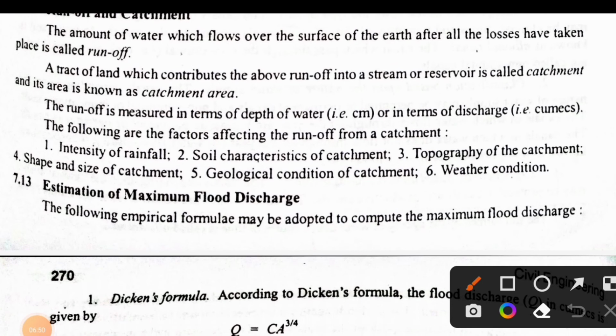And a tract of land which contributes the above runoff into a stream or reservoir is called catchment, and its area is known as catchment area. Runoff and catchment, very, very important.